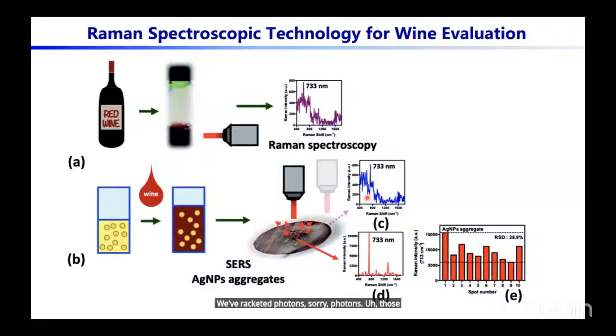Those photons actually form this kind of spectroscopic pattern. So this pattern definitely can be learned and recognized by an AI type of architecture.